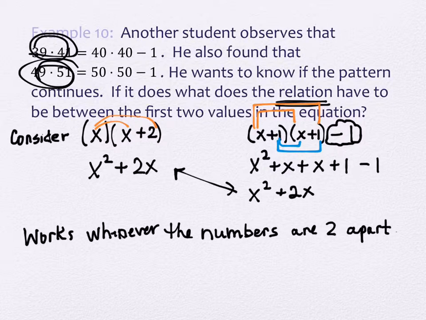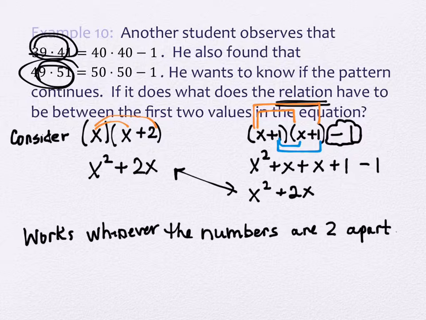So it isn't even so much the fact that the number in between was a multiple of 10. The ones that the student picked weren't, right? 39, 41, 49, 51, right? They picked numbers that were sort of surrounding a multiplication product of 10s, right? We don't even need that. We could use, say, 34 and 36, couldn't we? They just have to be 2 apart. Any 2 apart will work.